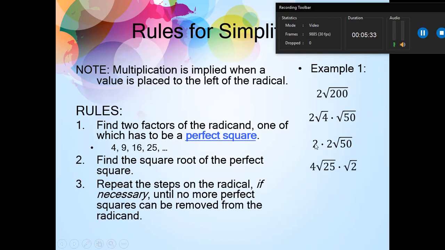So my whole number in front is now 4, and I've separated the 50 into 25 and 2. 25 is a perfect square, so I'm going to now simplify that into its rational form, which is now 4 times 5. And in the final step, I will multiply 4 and 5. I can see that radical 2 is as simplified as it's going to get, and my final answer is 20 radical 2. You should have done this in algebra, so I'm hoping that this is just a review.